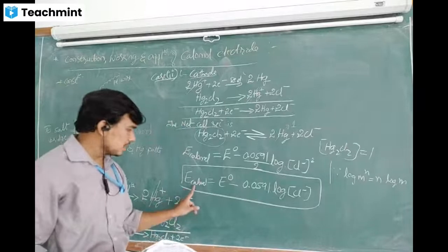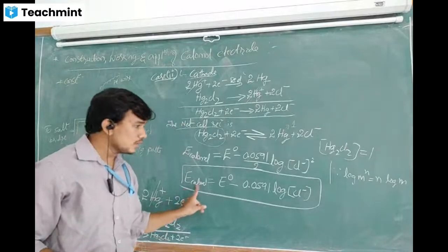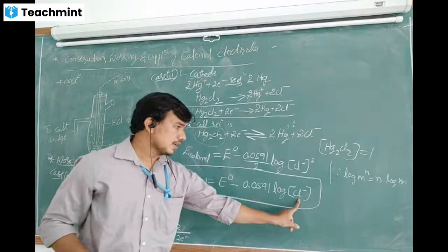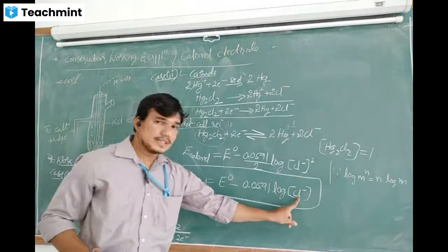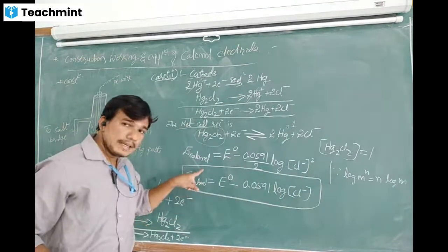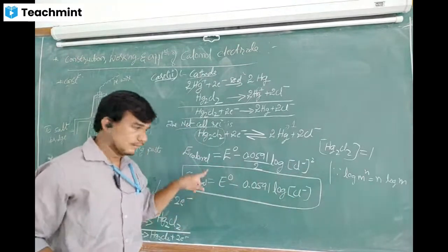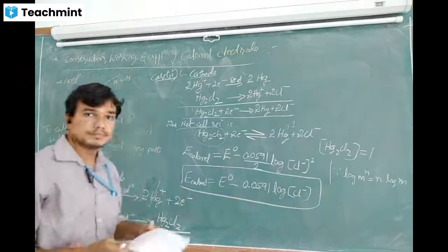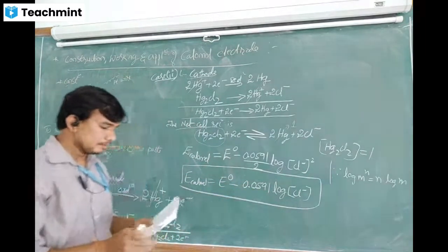So the electrode potential of calomel electrode depends upon the chloride ion concentration. If chloride ion concentration increases, the electrode potential will decrease because of the minus sign. Okay.